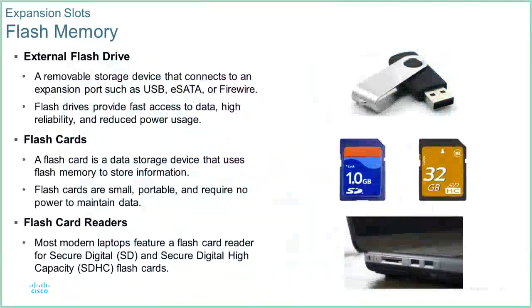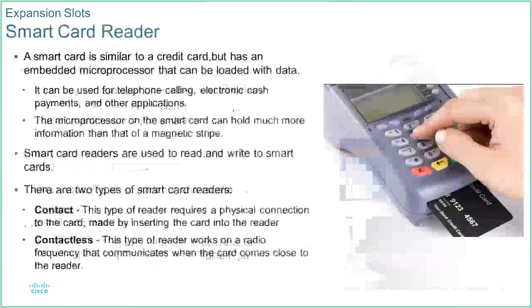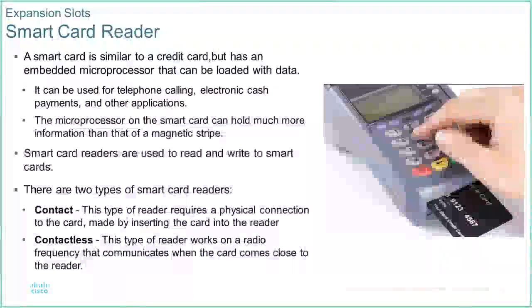External flash drives, external hard drives, so anything that can connect via USB allows expansion. We can also use SD cards for flash drives and card readers. Depending on the manufacturer, they'll support different types of cards. Or you can, again, get a multi-card reader and attach it via USB port.